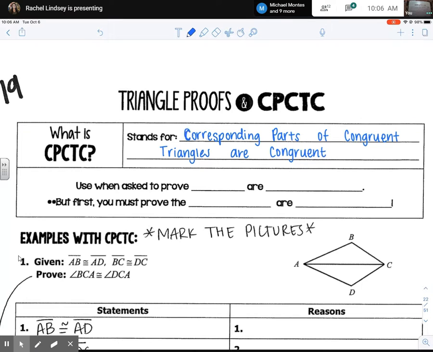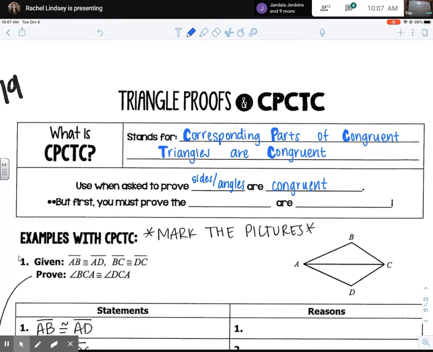So when you're asked to prove parts, which is sides or angles, are congruent, this is what you're going to use, CPCTC.